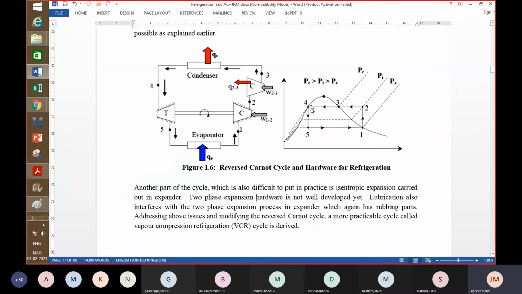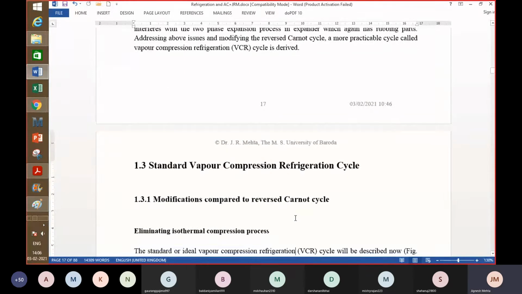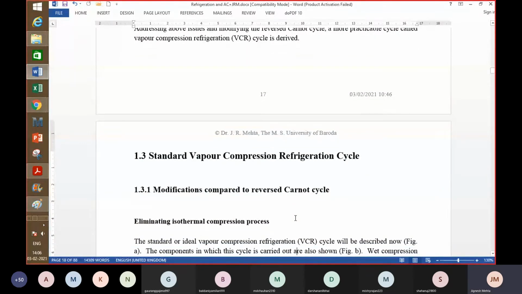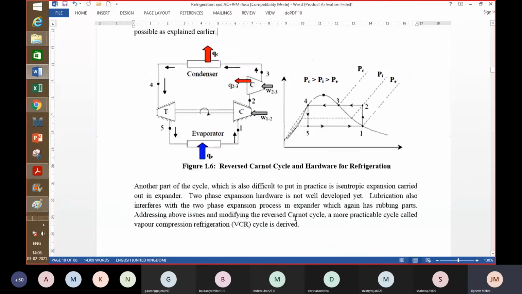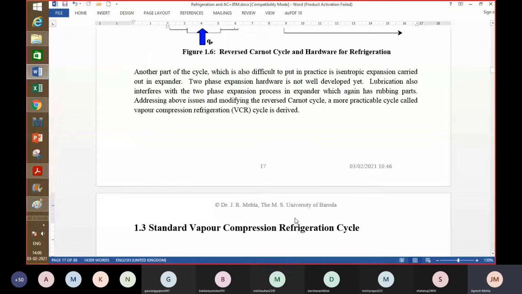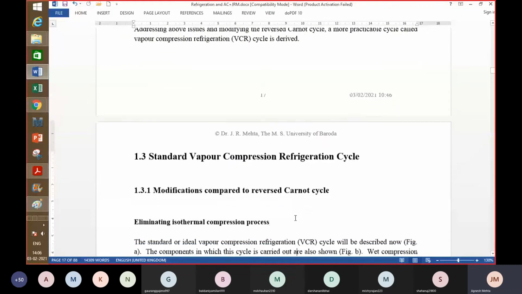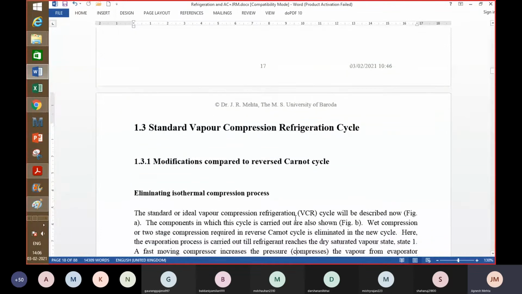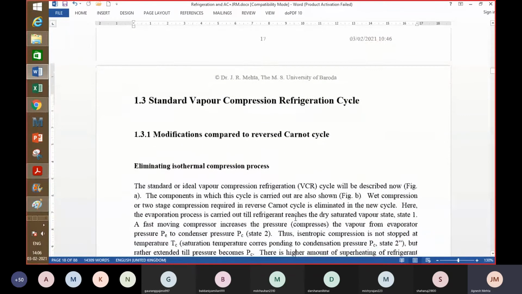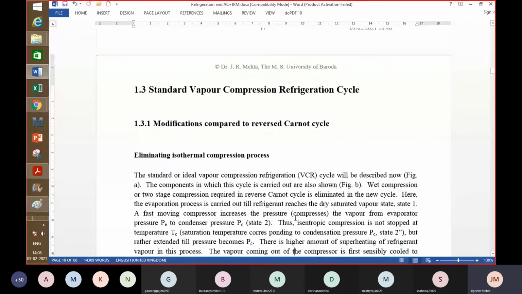So what you are doing now is modifications in the reversed Carnot cycle or Carnot refrigeration cycle, and that will lead to a very popular cycle in refrigeration systems, and that is the vapor compression refrigeration cycle. So what are the modifications made in the reverse Carnot cycle so that finally it becomes a vapor compression refrigeration cycle?